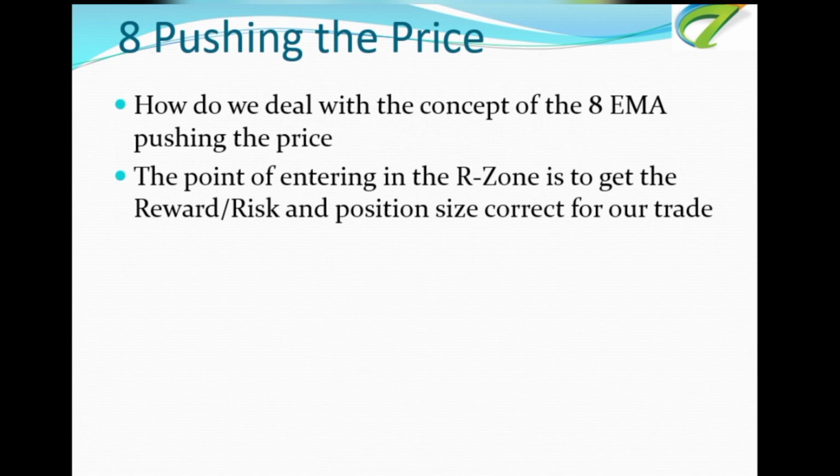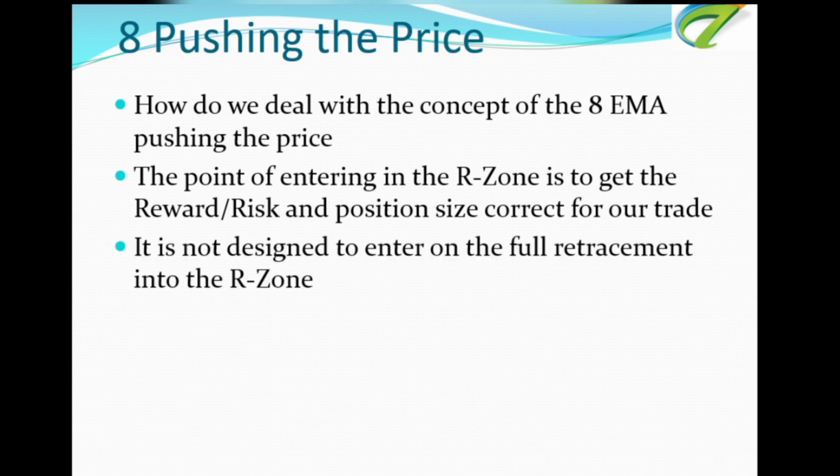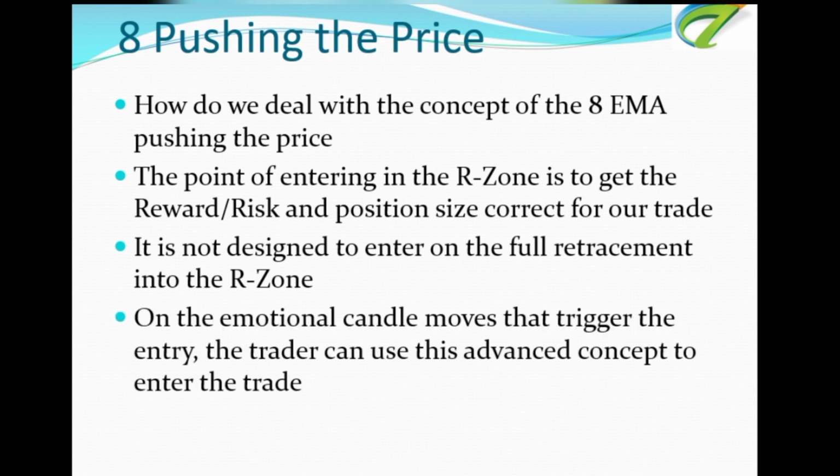The point of entering in the R zone is to get the reward risk ratio and position size correct for our trade. It's not designed to enter on the full retracement into the R zone. On the emotional candle moves that trigger the entry, the trader can use this advanced concept to enter the trade.